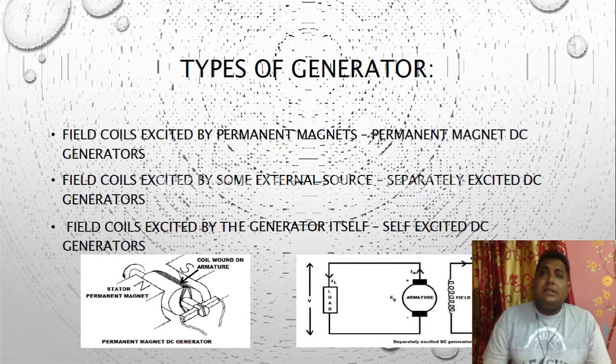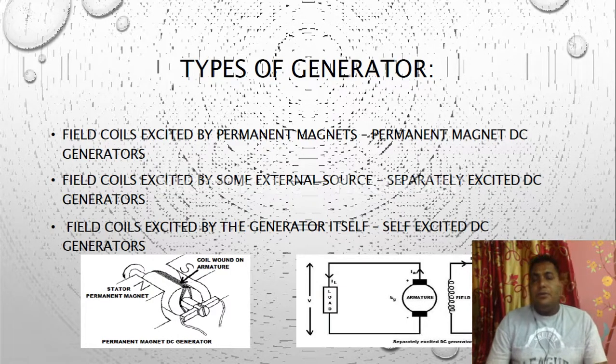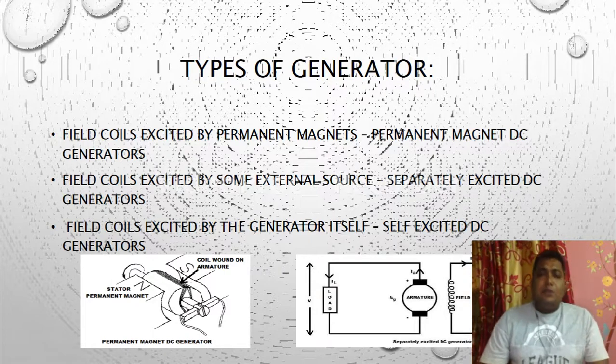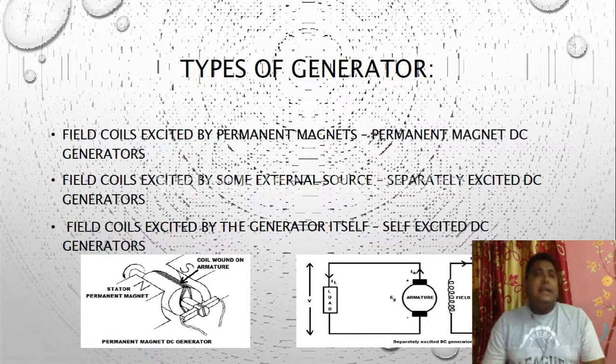If we just visualize, in a generator we have two windings, one is field, one is armature. Within them, the field winding is a stationary winding and the armature winding is a rotating winding. Obviously we can say that because over the rotor we have the armature winding and the rotor itself rotates, so definitely the armature winding is a rotating winding.